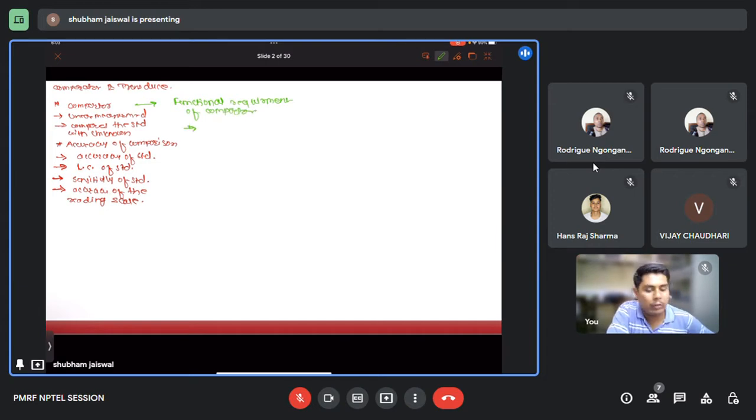In that we have seen that the least count should be 1/10 of the tolerance that is being measured. Similarly, it should have high accuracy and precision, and the scale should be linear.